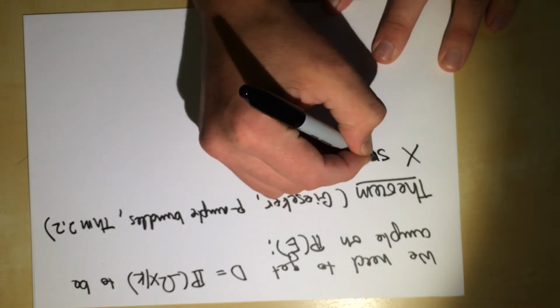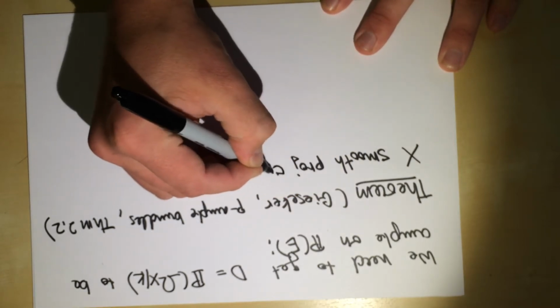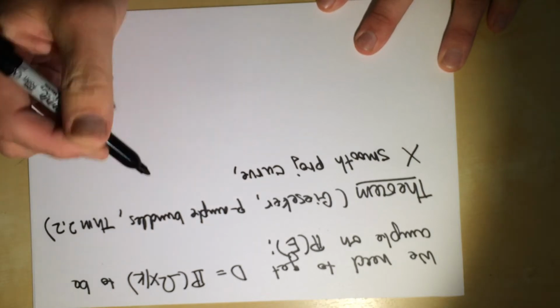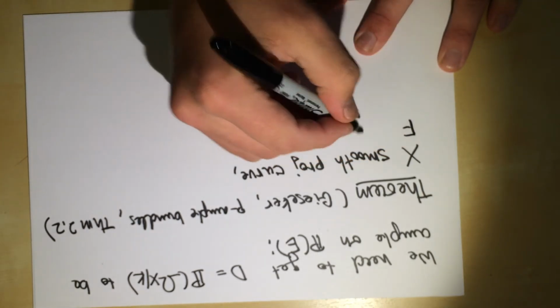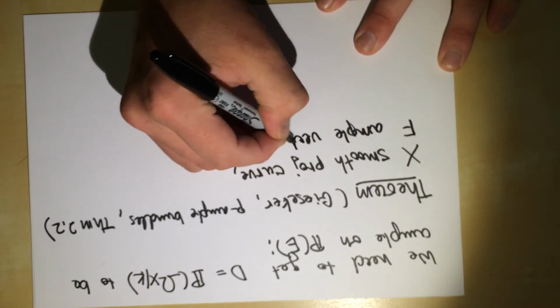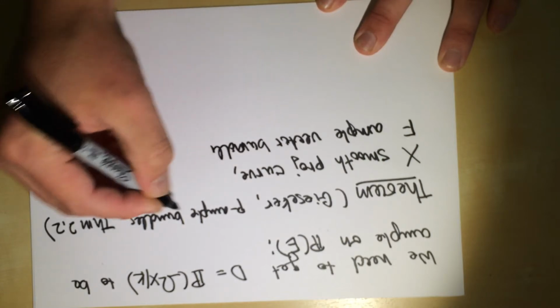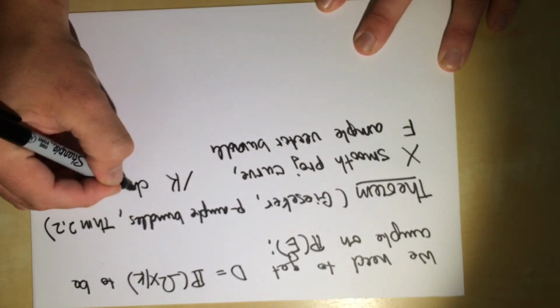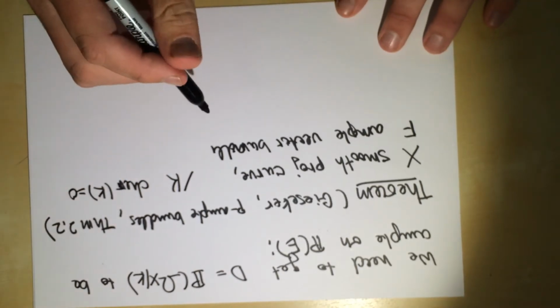But if X is a smooth projective curve, and let's say that F is ample, so this is an ample vector bundle. This also needs to be over K, and the characteristic of K needs to be 0. So let's say it's over a field of characteristic 0.